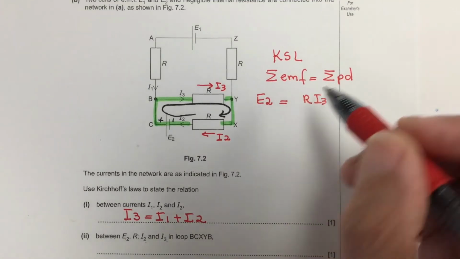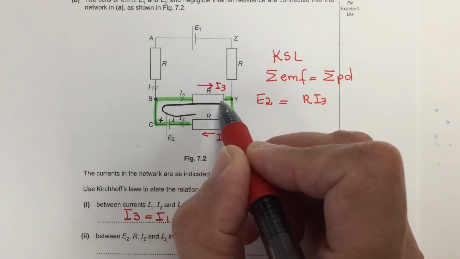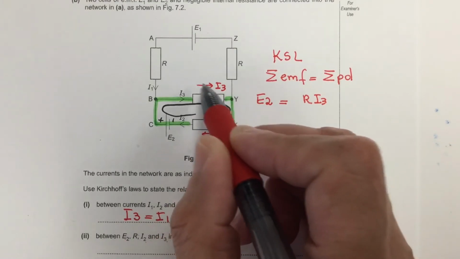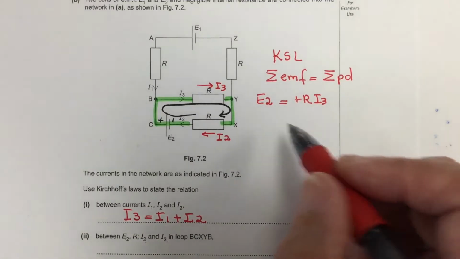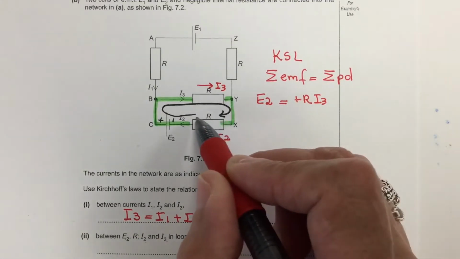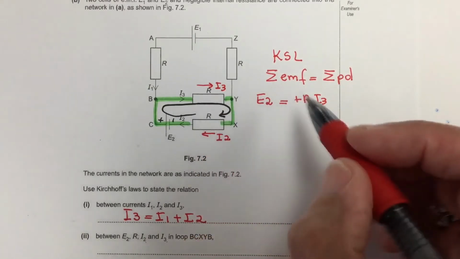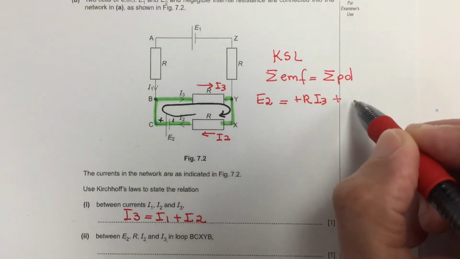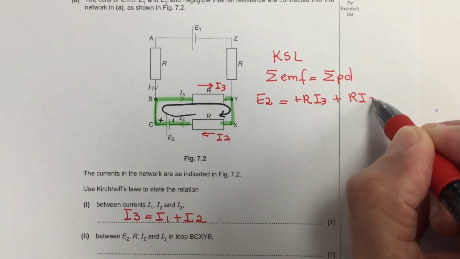The question is, positive or negative? Well, is it the same direction as my loop? I go like this, and the current is this way, so this is positive. The second one is also in the same direction as my path, I2, so that will be plus R I2.